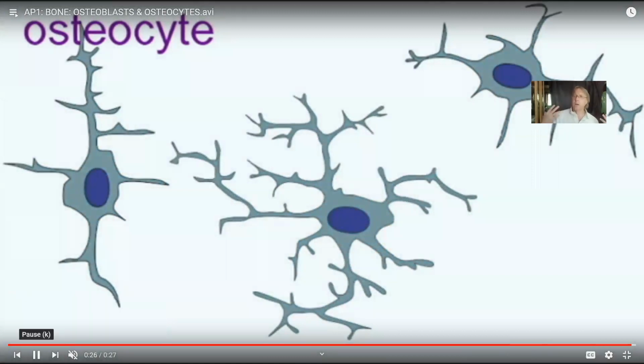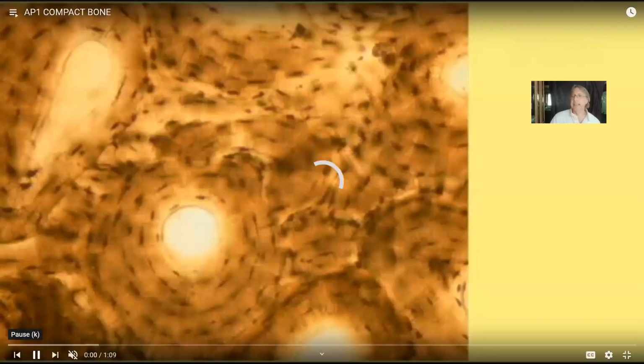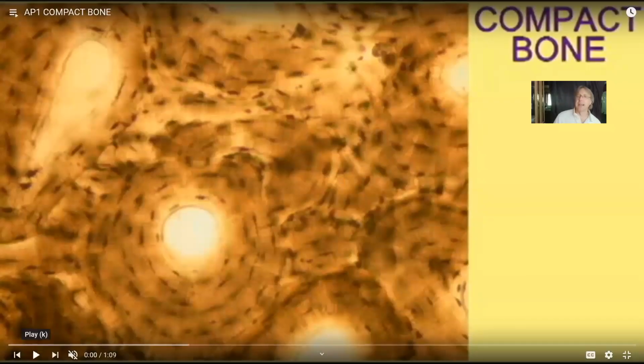Now, when we speak of bone, one of the first things that we can do is classify bone into categories. You might say there's a difference structurally between, say, a long bone and a regular bone, et cetera. When we look under the microscope, we could distinguish between two types of bone tissue, what's called compact bone and spongy bone.